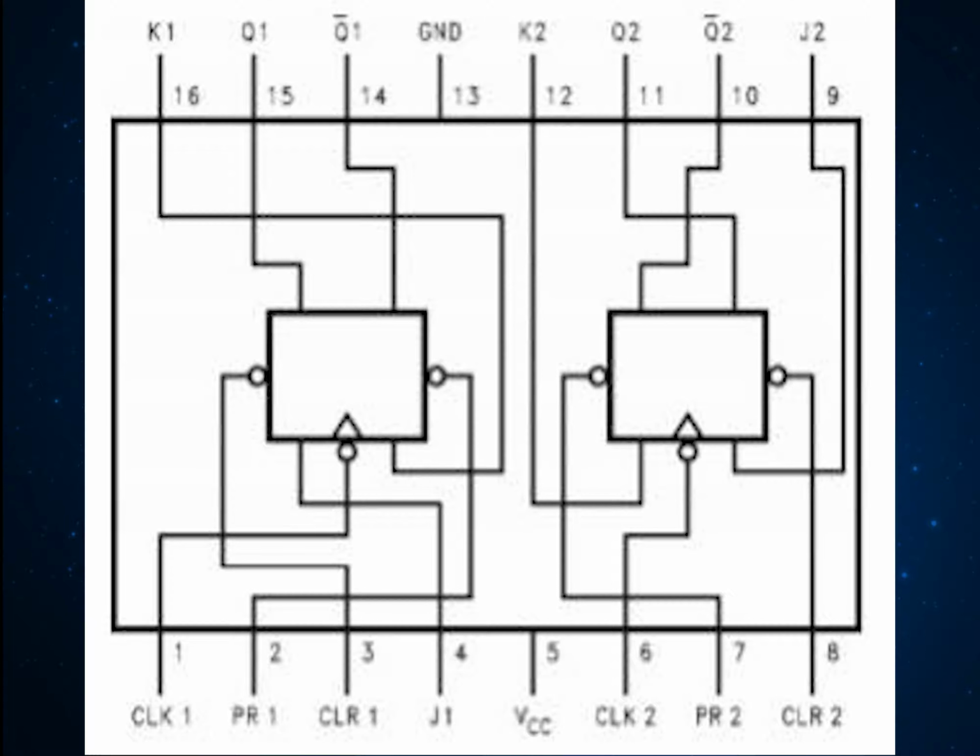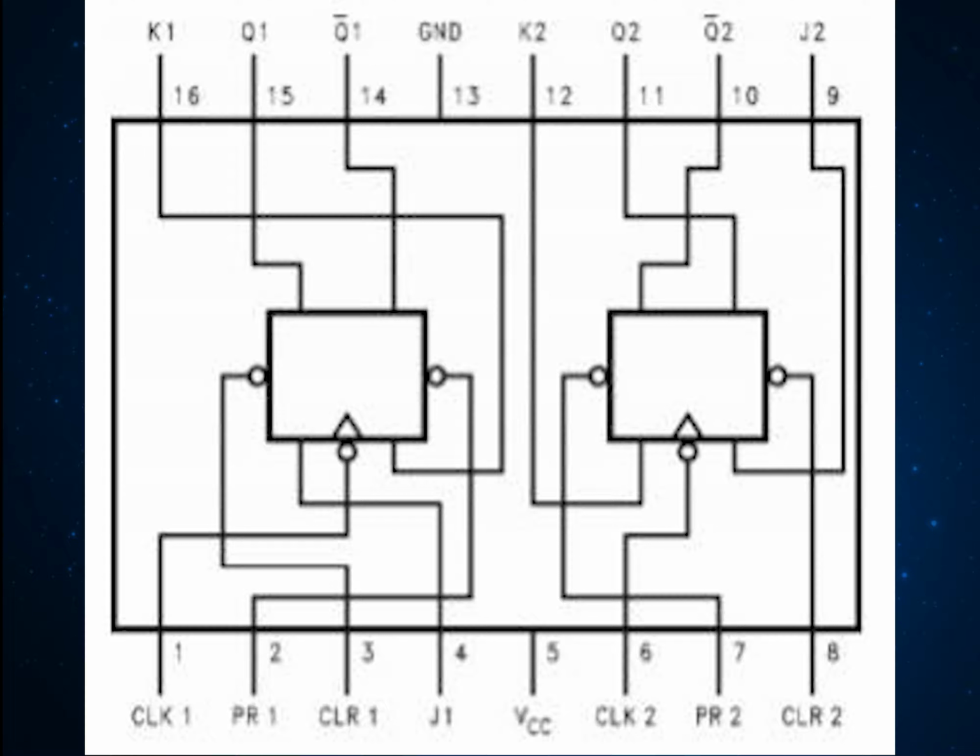We used a 7476 IC for the JK flip-flops. It has a clear, preset, and complementary outputs. For the J inputs, we used pins 4 and 9. For the K inputs, we used pins 12 and 16. For the first output Q1, we used pin 15 and pin 11.